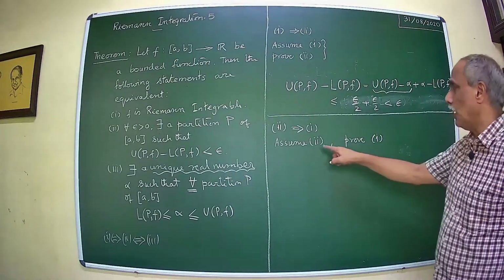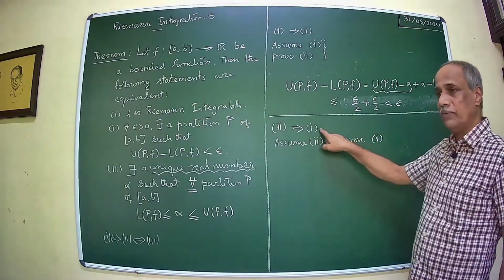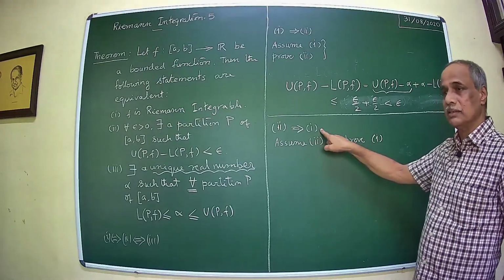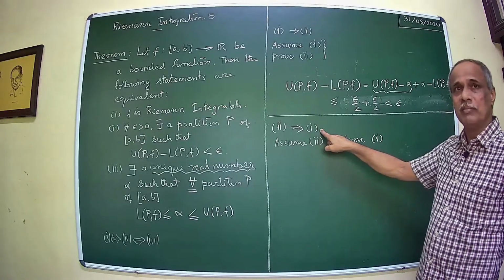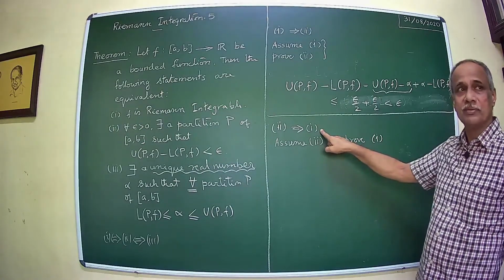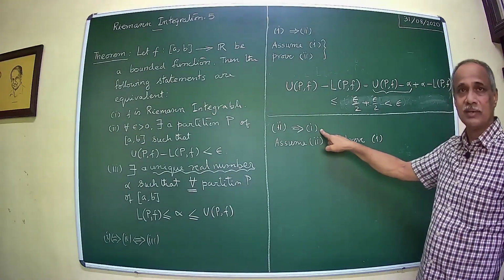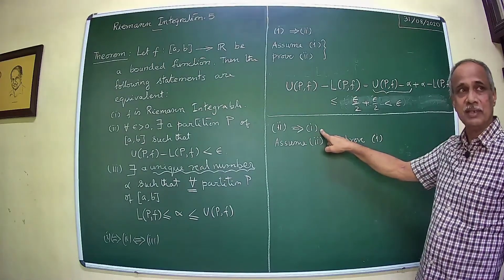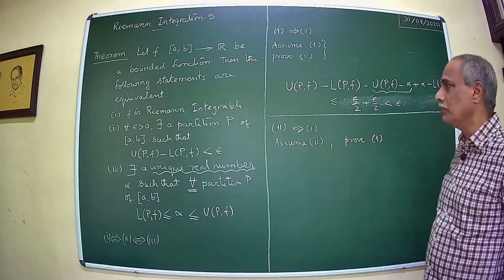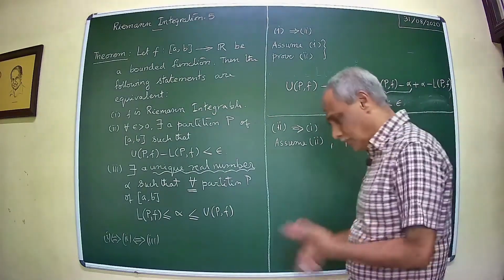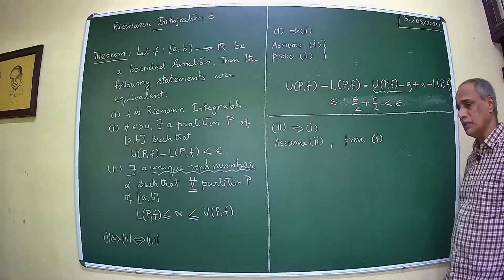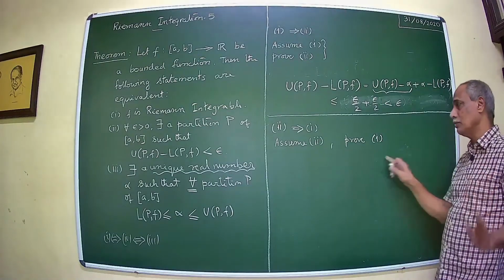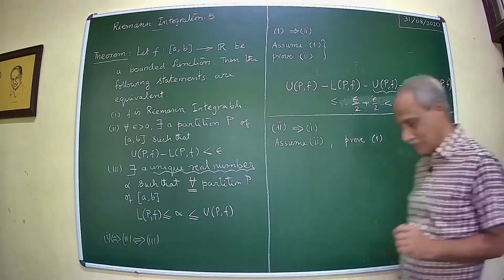Now you want to deduce 1 from there, which means the supremum of LPF over all partitions P is equal to the infimum of UPF over all partitions P. This is what you want to prove.